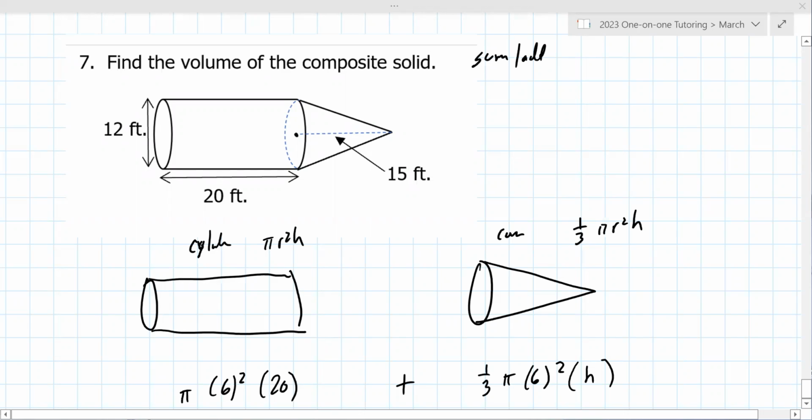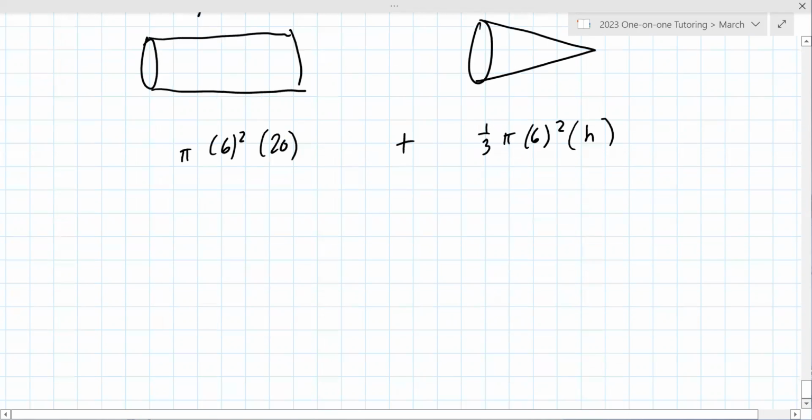Okay, for the cylinder, I got 2,261.95. Good. And I'm still doing the cone right now.